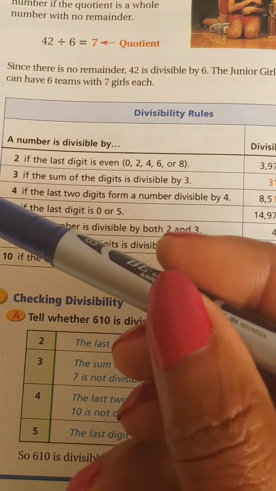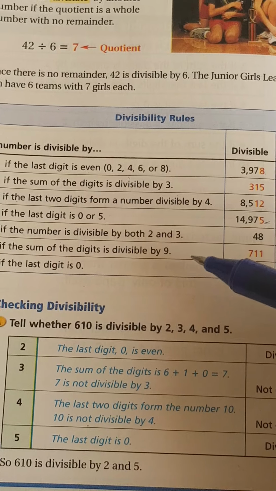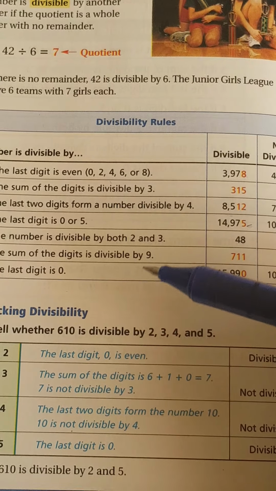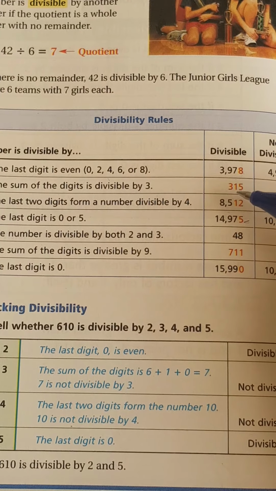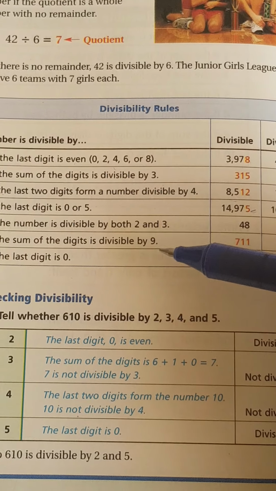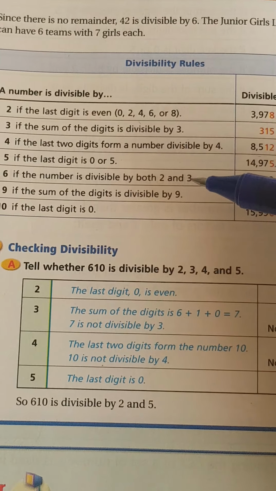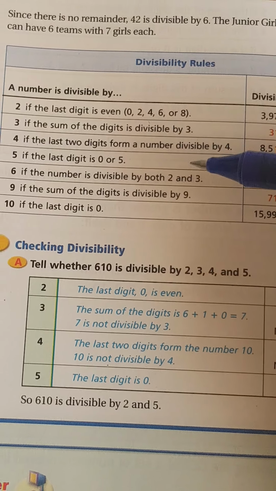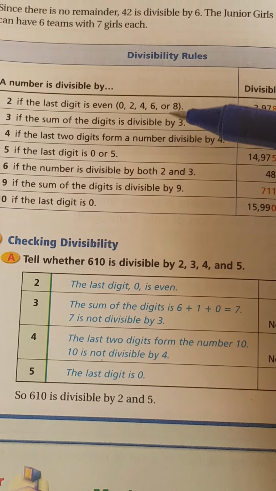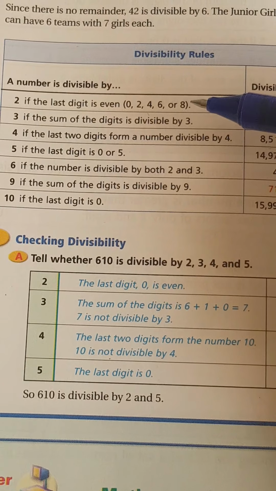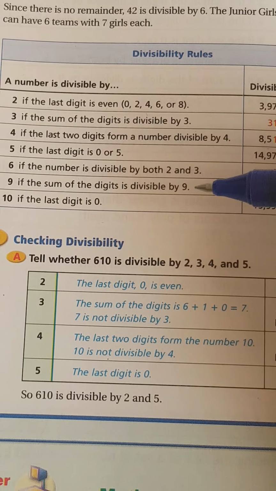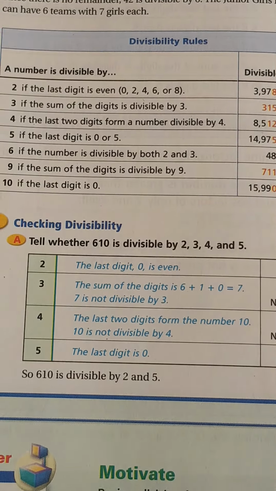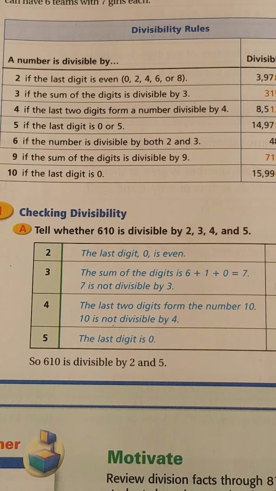You check. 2 can divide this number, which means also 6 can divide it. You have 315. 3 can divide it, which means 6 can also divide. So any number that is divisible by 3 is also divisible by 6. Any number that is divisible by 2 is also divisible by 6. That's how you know it. Okay? It's easy.